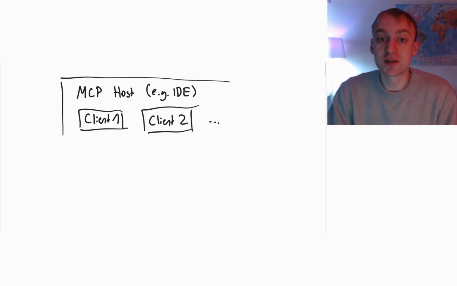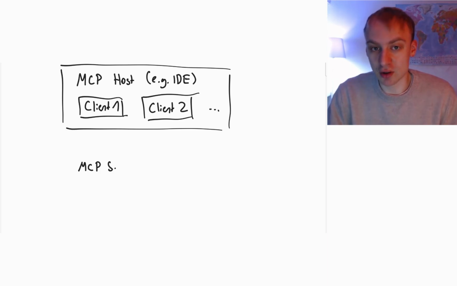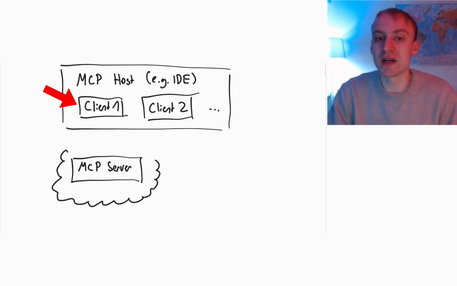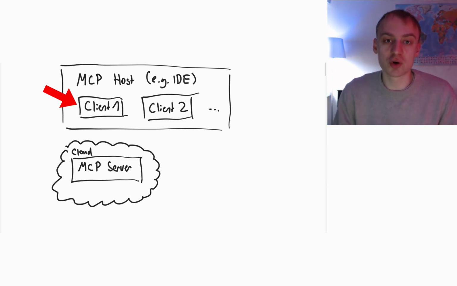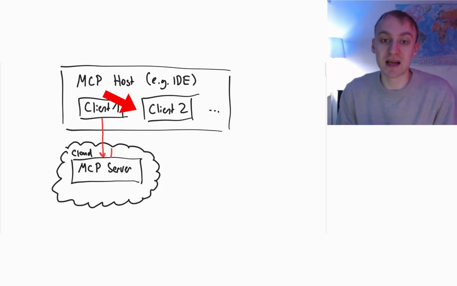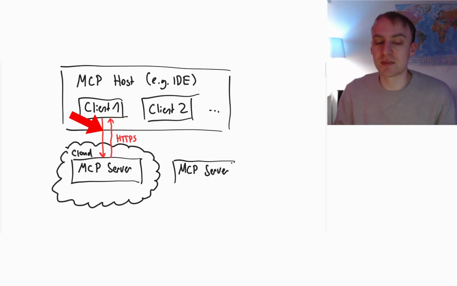For example, Visual Studio Code acts as an MCP host. When Visual Studio Code establishes a connection to an MCP server, it creates an MCP client object that maintains the connection to that MCP server. But when Visual Studio Code connects to another MCP server, then it creates an additional MCP client object to maintain this connection. This is what I mean by having a one-to-one relationship of MCP clients to MCP servers.